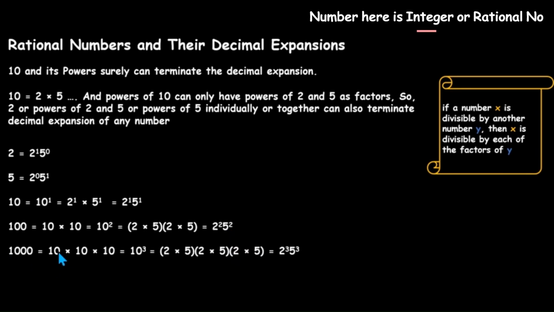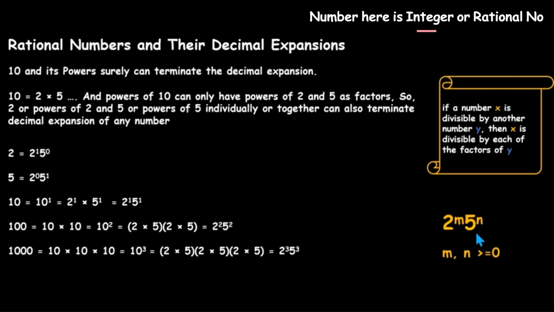Similarly, 1000, 10 into 10 into 10, a power of 10, 10 power 3, can be written as 2 into 5 into 2 into 5 into 2 into 5, so 2 power 3 into 5 power 3. So in general, if the denominator is of the form 2 power m into 5 power n, then we can conclude that the decimal expansion is terminating.